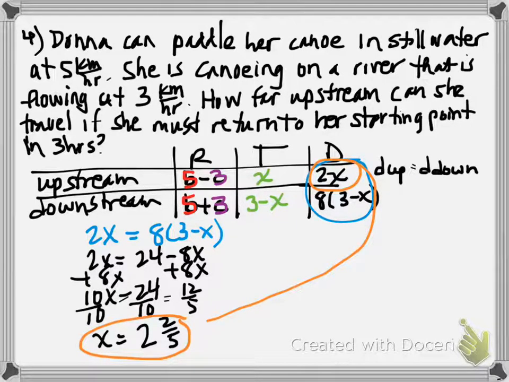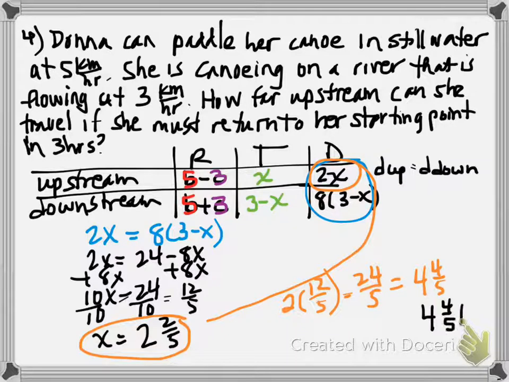So we're going to plug the 2 2/5 into the distance expression for upstream. So we're going to take 2 and multiply it by 2 2/5. Well, I'm going to convert it back to an improper fraction. That gives me 24/5. And then 24 divided by 5 goes in 4 times with 4 left over. So for our answer, we're going to get 4 4/5 kilometers.